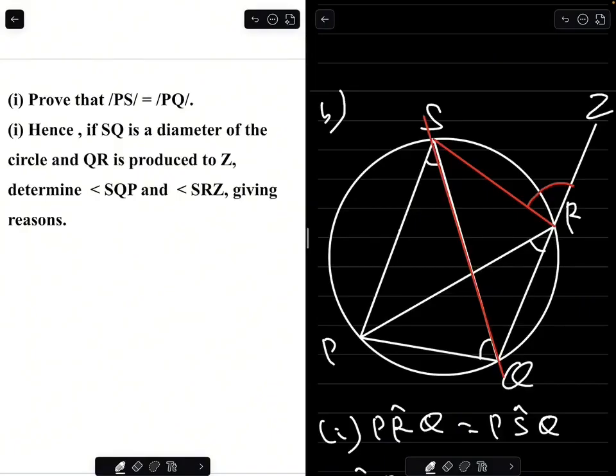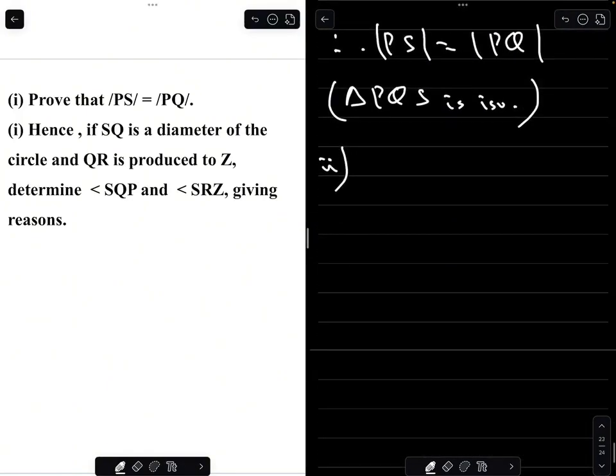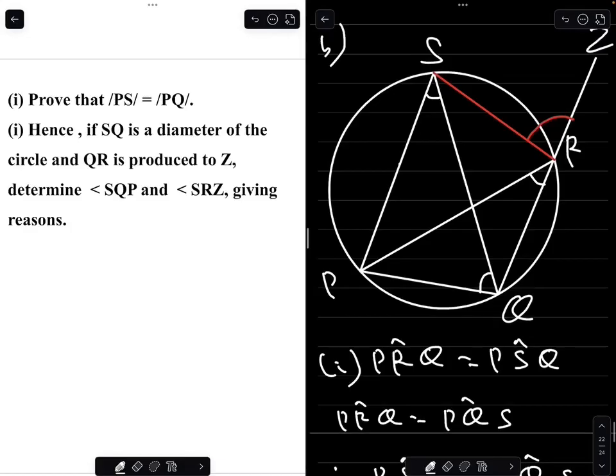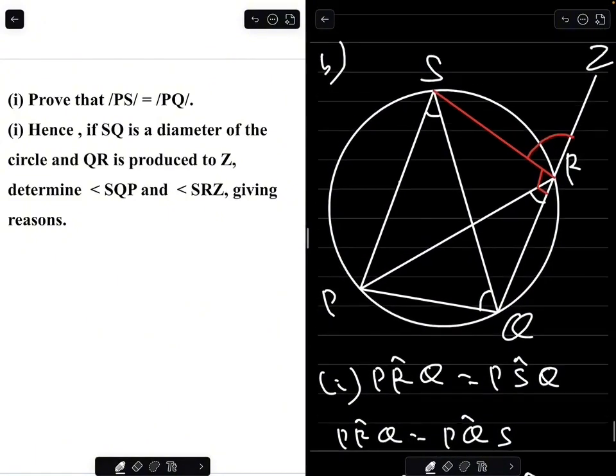Angle SRQ is 90 degrees, and the reason for that is angle in a semicircle. Now that we know that, we can find SRZ immediately.